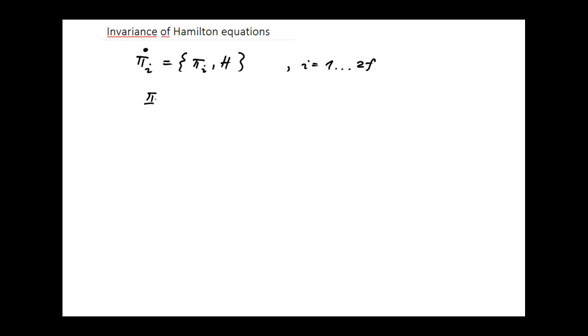If we take the phase space vector pi, then its time derivative equals our matrix A applied to the gradient of the Hamiltonian, where we now take the gradient in phase space. So it's the gradient not in position space, but in phase space. So this is a very compact way of writing the Hamilton equations.